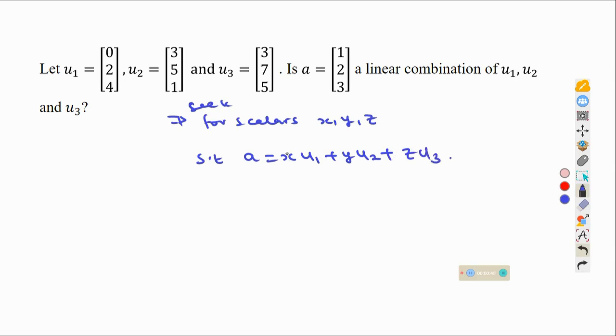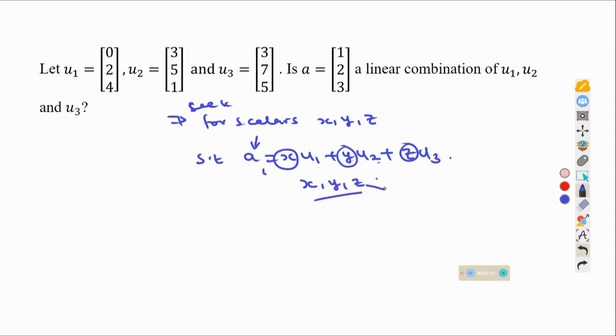So you are interested in showing that there exist x, y, and z such that you are able to write A as a combination of U1, U2, and U3. So you have your U1, U2, and U3, you have your A. So basically, see if you are able to get x, y, and z.